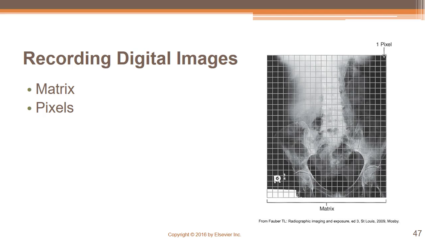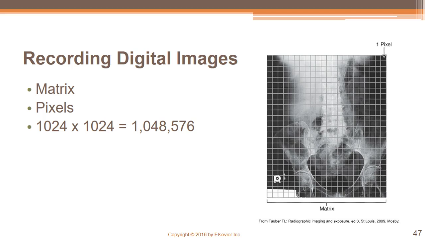For any given anatomic area, the matrix itself is made up of a certain number of pixels. So if you have a matrix that's 1024 by 1024, then you have 1,048,576 pixels.